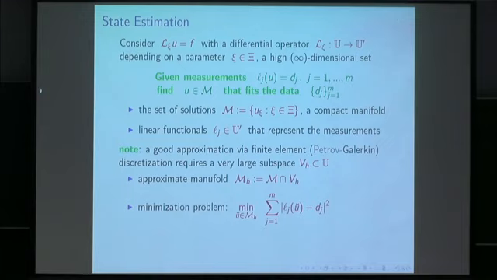We also assume that the l_j are linear functionals, and it's an important property that they should be in the dual space of U, because otherwise the formulation will not be correctly posed.